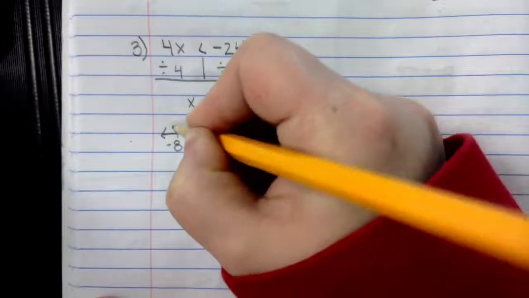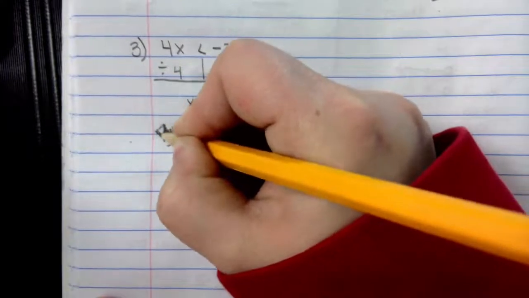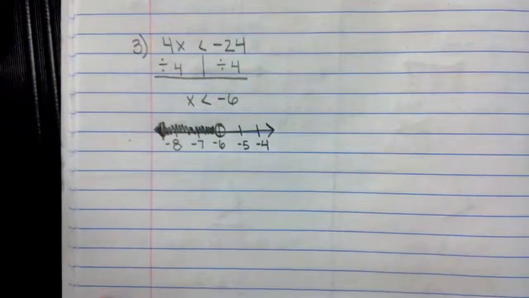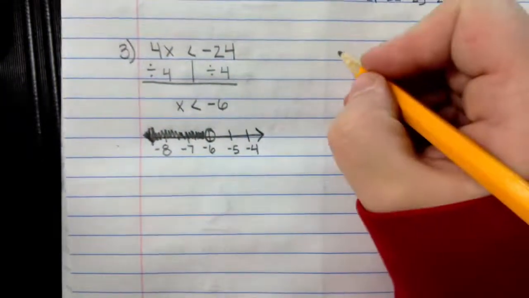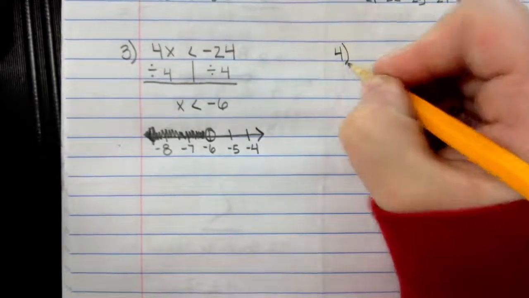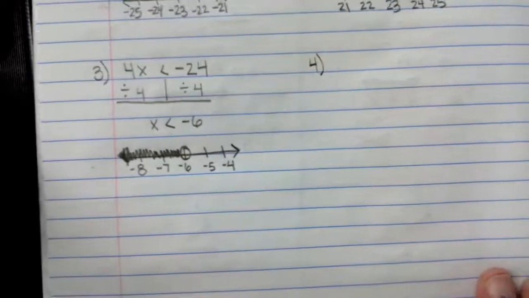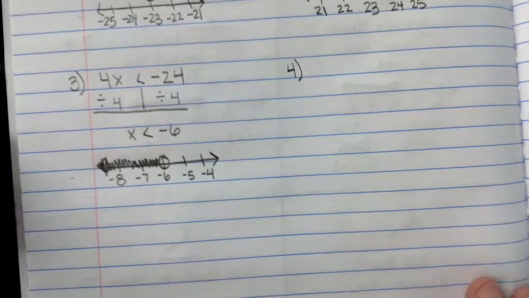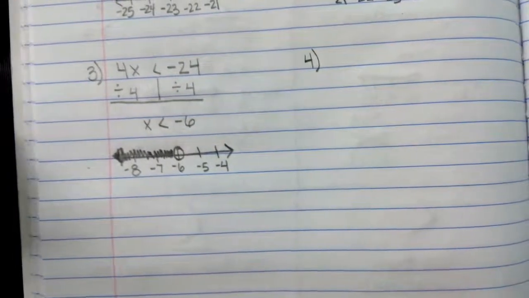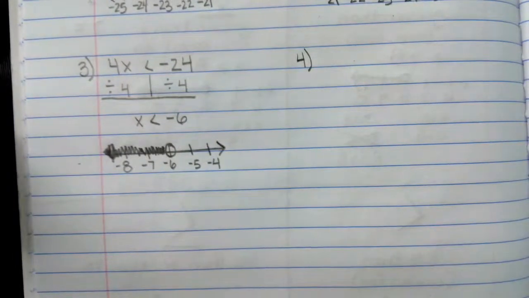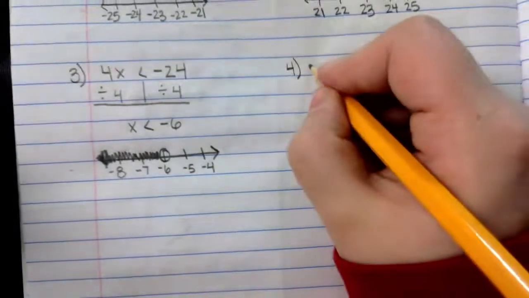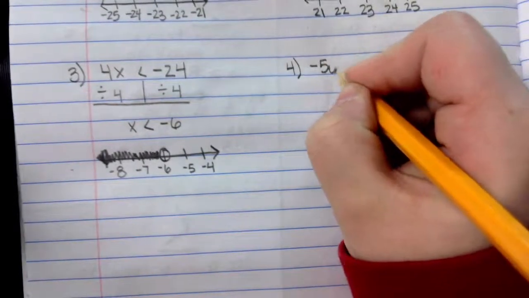All right, last problem. Negative 5y is less than or equal to 20.